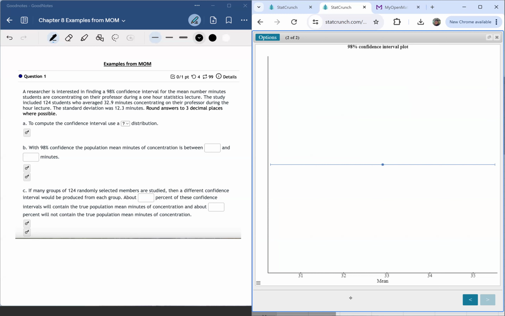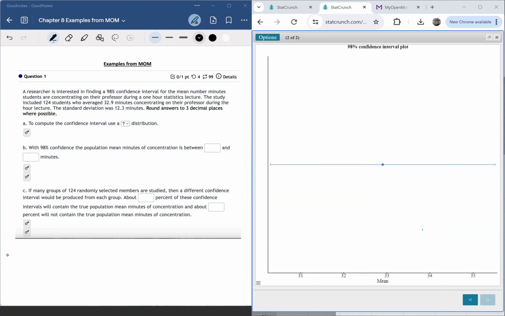And what we also have on the x-axis is the bandwidth of what will be included in this 98% confidence interval. So we know that if we average the 124 students, they're concentrating for about 33 minutes.